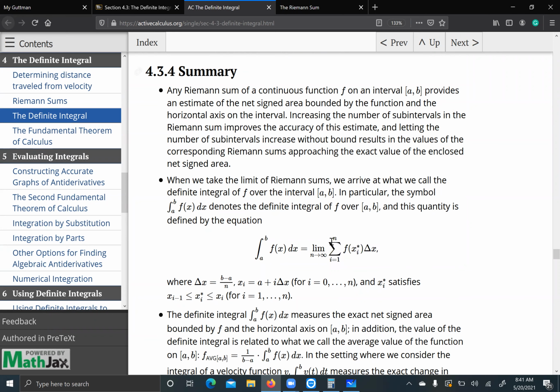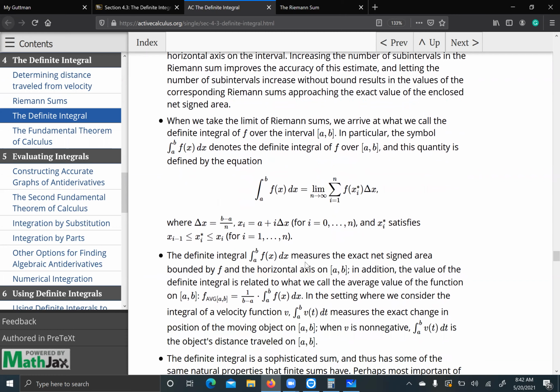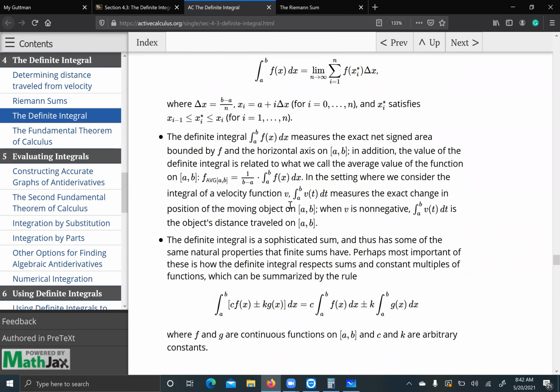We learned Riemann sum in the previous video, and here we just take the limit of the Riemann sum with respect to n. n is the number of subdivisions, the number of rectangles, and we saw that if we take the limit, which means increasing the number of subdivisions to a very large value, then this Riemann sum gives us a very good approximation of the area, and we define the integral from here.